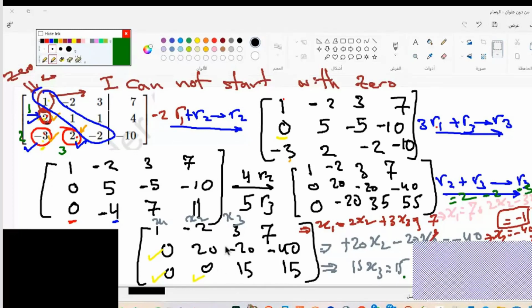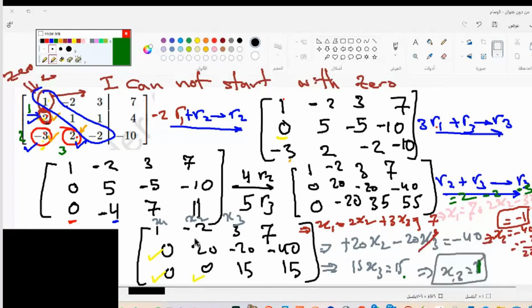So how can we check this? Now I have here, I guess, the final result. Make it in this box. x1 is 2, x2 is minus 1, x3 is 1.